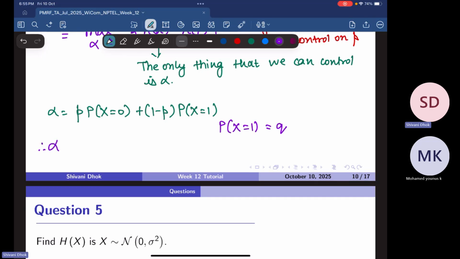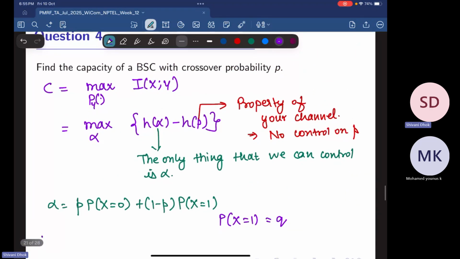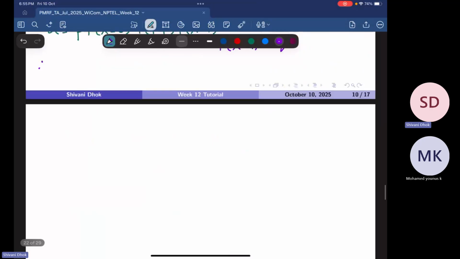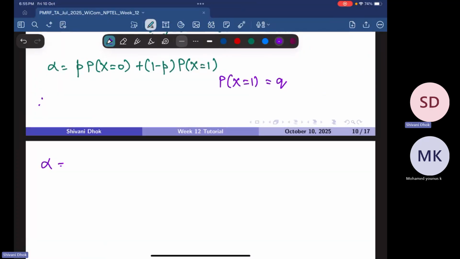So your alpha equals p into probability of x equal to 0, that is 1 minus q, plus 1 minus p into probability of x equal to 1, that is q.